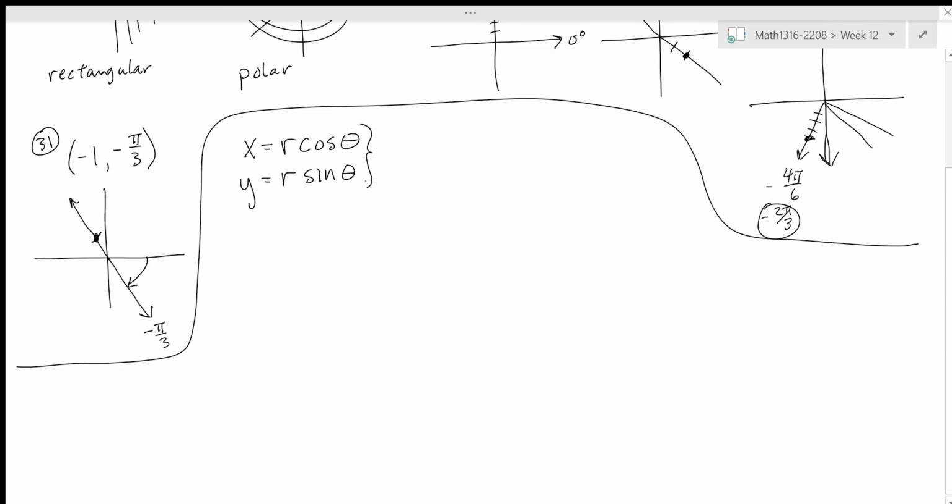Those go together, like a pair of shoes. And then we're going to have r equals the square root of x squared plus y squared, and theta equals inverse tangent of y over x. And those go together.